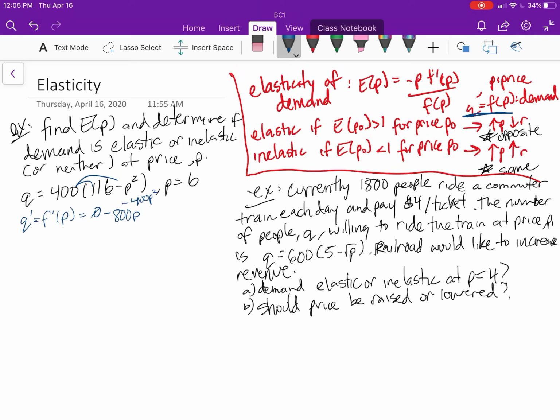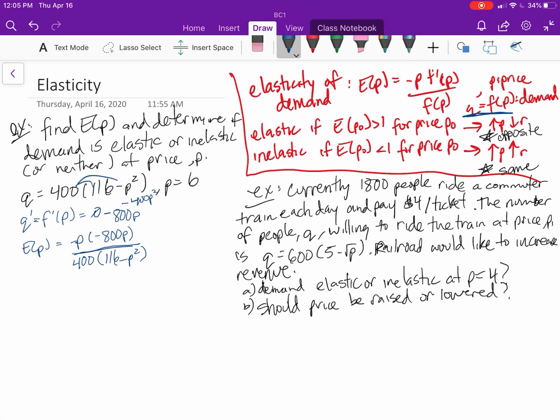So negative 800p. So the elasticity of demand, E of p, is negative p multiplied by this derivative, negative 800p, over the original function 400 times 116 minus p squared. Right?